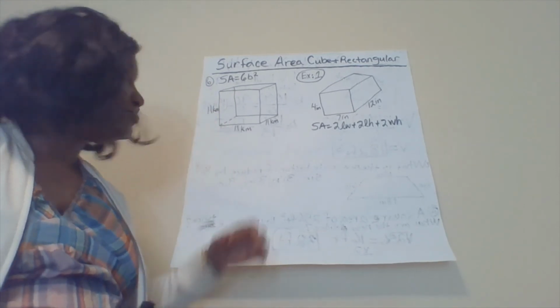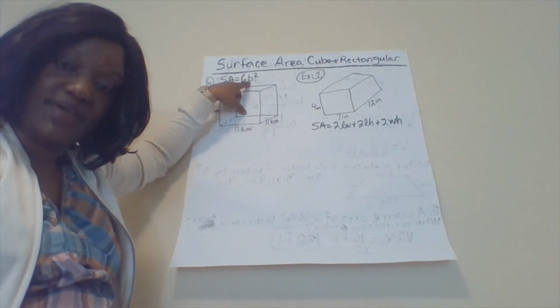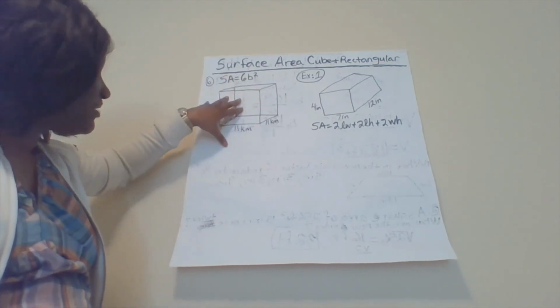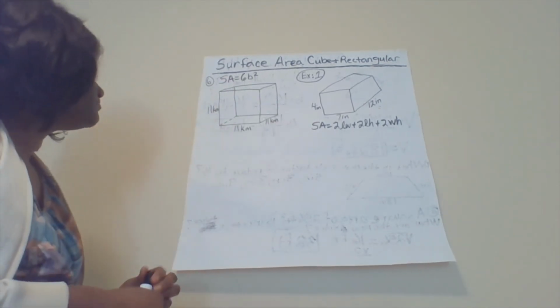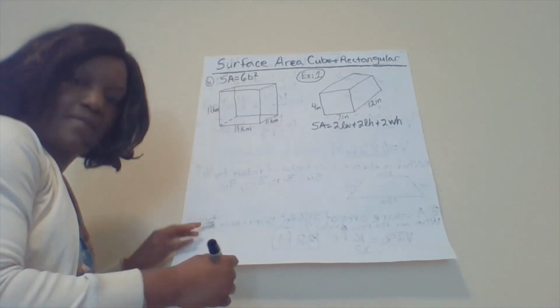The formula you would use is SA is equal to 6 times the base, which is one of the sides, squared. So if I'm looking at number 6 on your worksheet, I would use this formula right here.